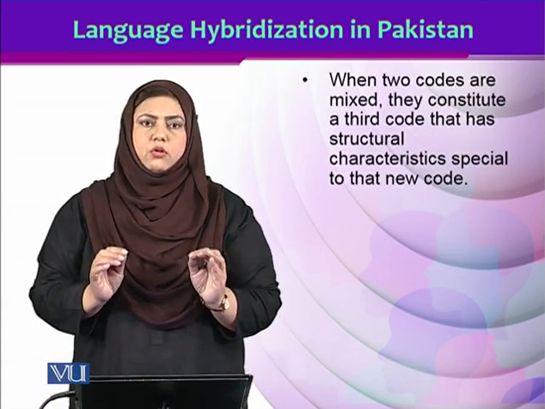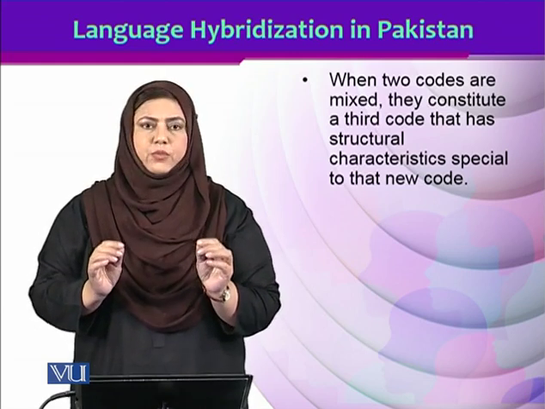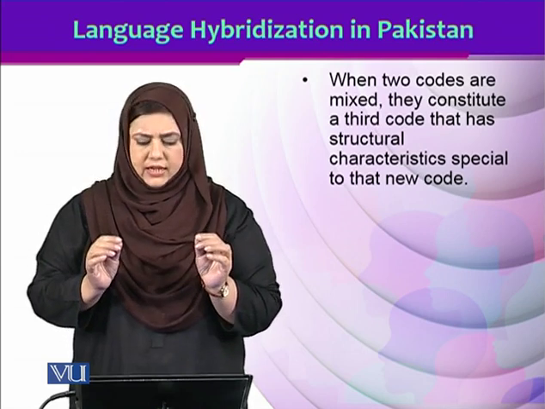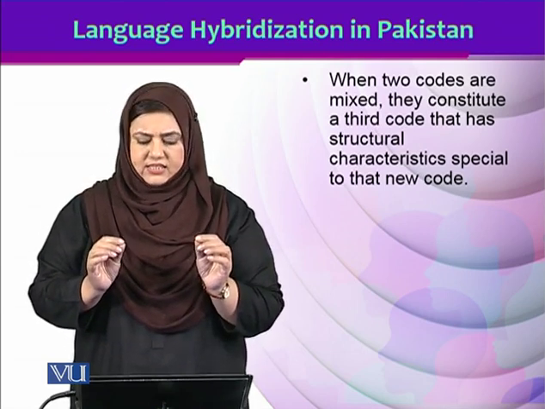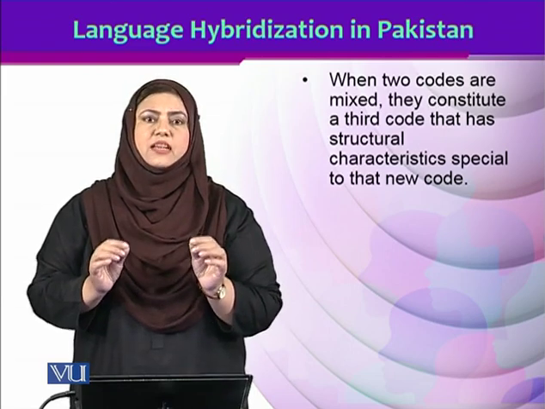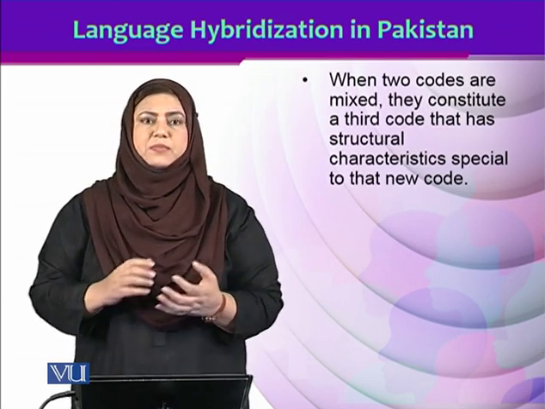When two codes are mixed in such a way that they constitute a third code that has structural characteristics specific to that new code, it is called hybridization. Let me simplify that.